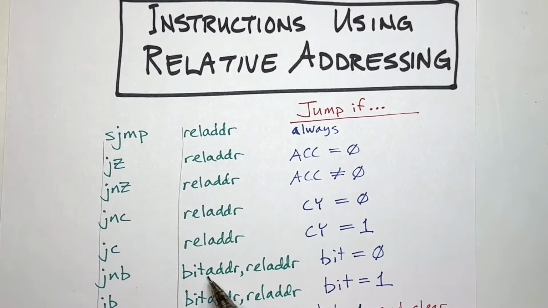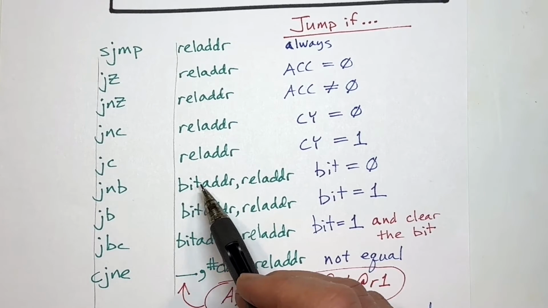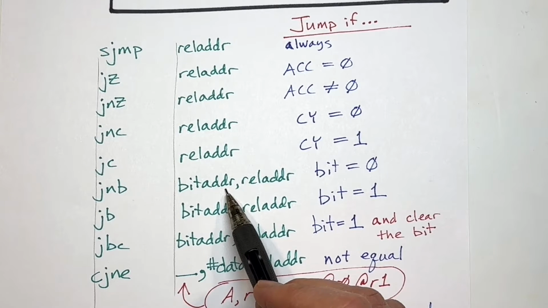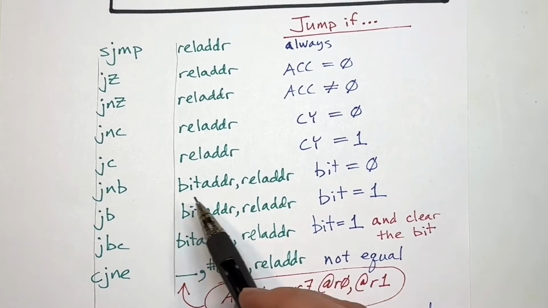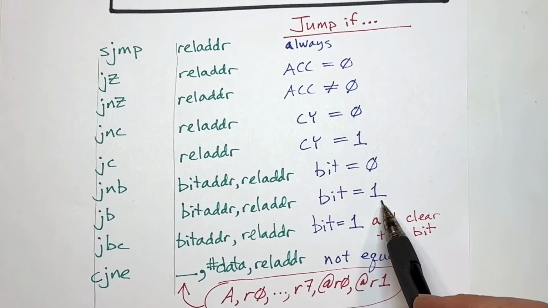And then we have some jump instructions that use bit addressing, which we saw before. One tests to see whether the particular bit that is addressed with bit addressing is clear, and if so, it jumps. And the JB instruction jumps if the bit that's addressed happens to be set to 1.